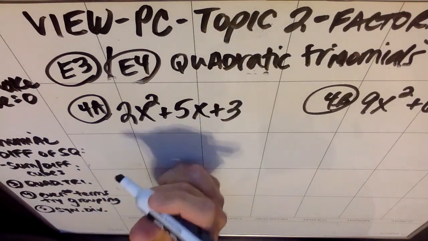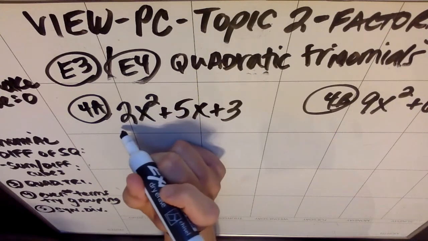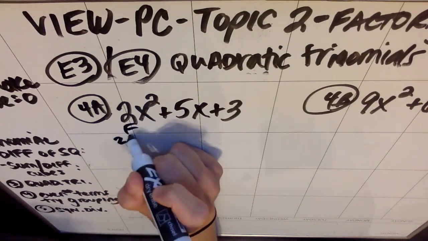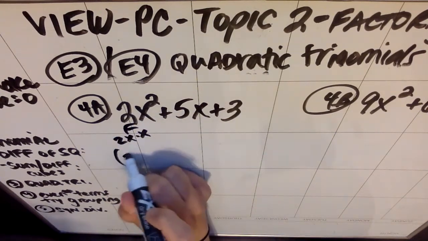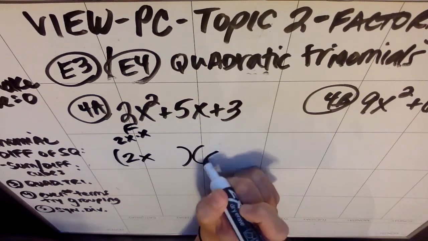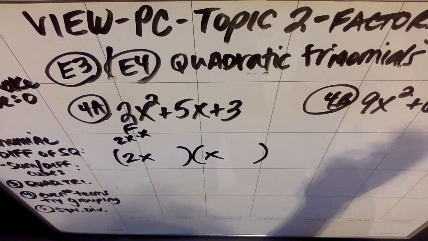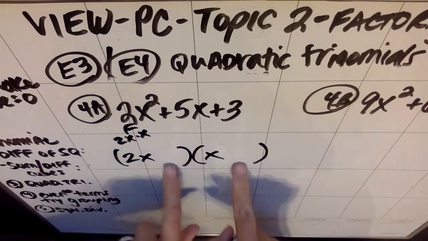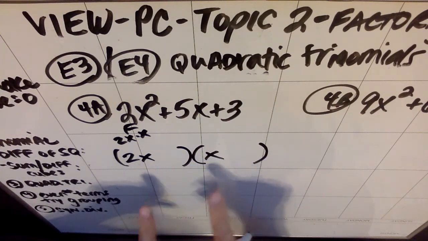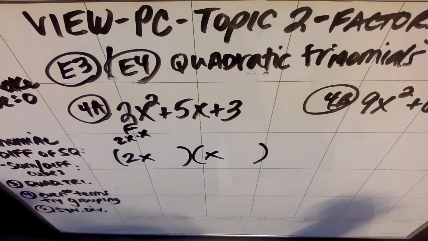Kind of cheated. So now I'm in a little bit of a different situation here because my first term, the only way to get a 2x squared is if one of my front seats is a 2x and the other one is an x. The reason that this matters is because now it very much does matter which numbers go in the back seats because it's not just an x at the front anymore. They're different things.